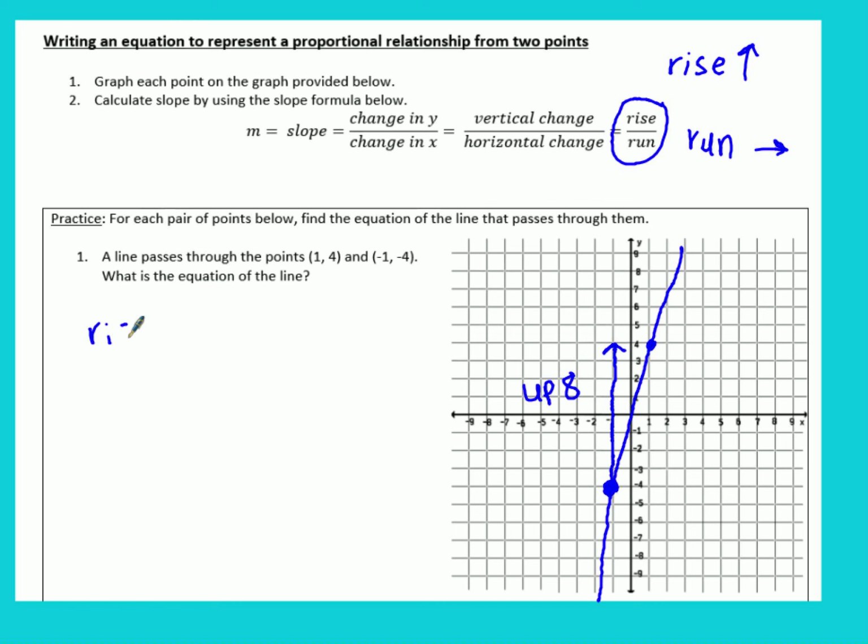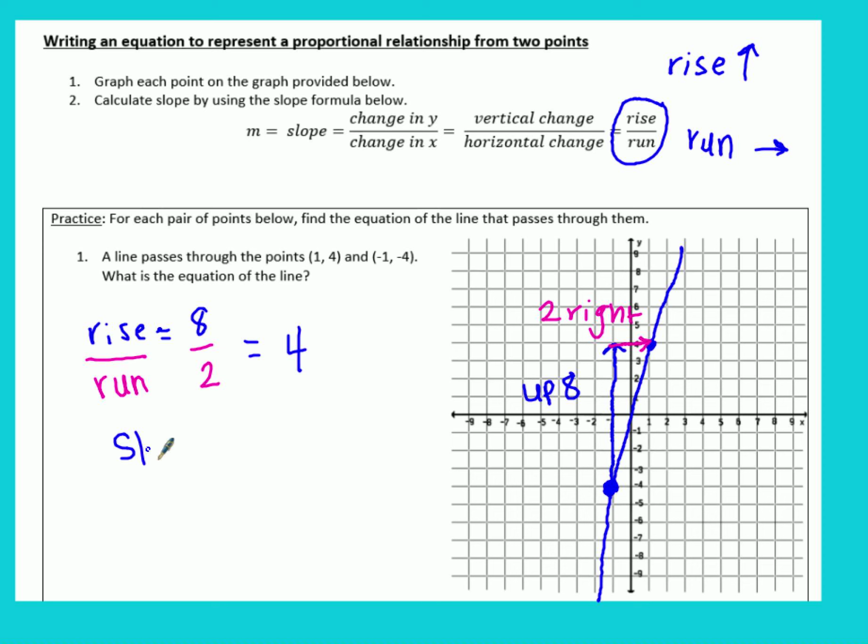So rise equals 8. And then we want to find our run. And remember, the run is just going to be the horizontal movement. So from this point to this point, horizontally, we have to go 1, 2 boxes. So 2 to the right. That means our run is 2. So our rise over run is 8 over 2, and that simplifies to 4.